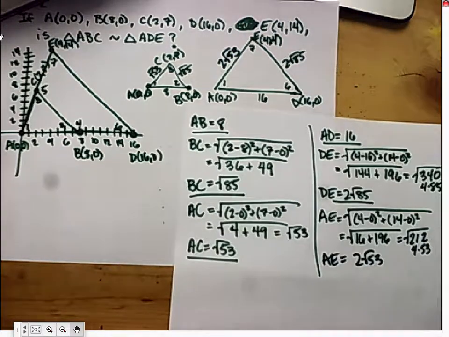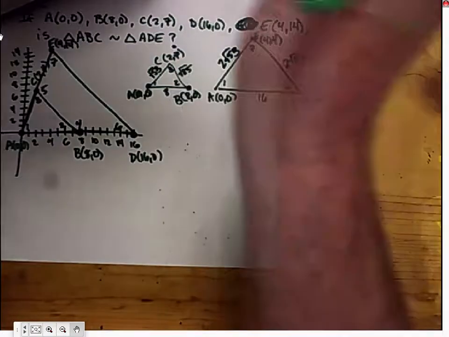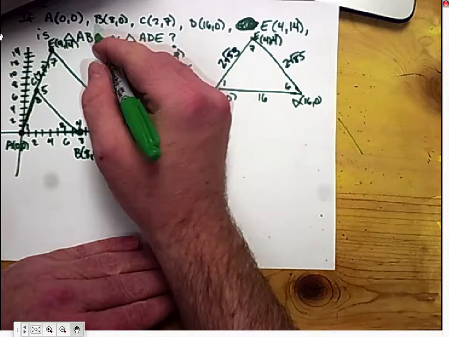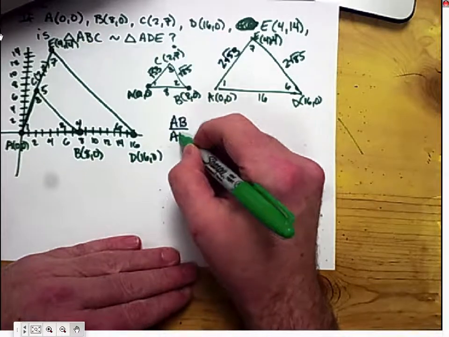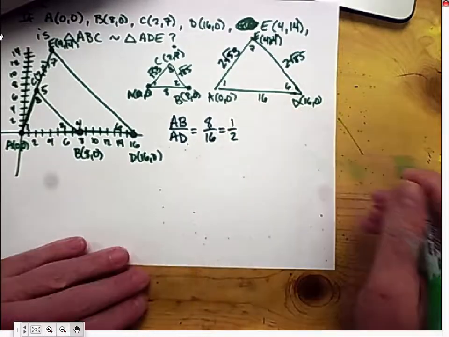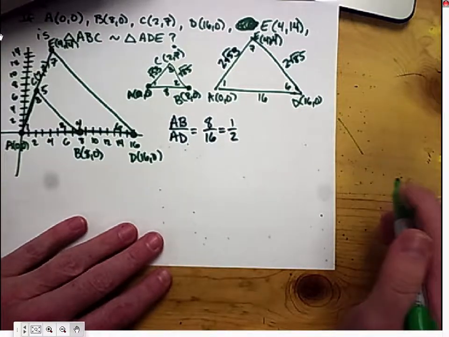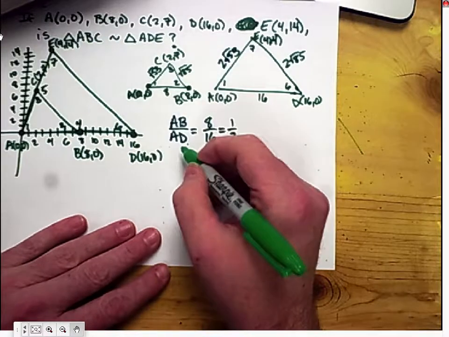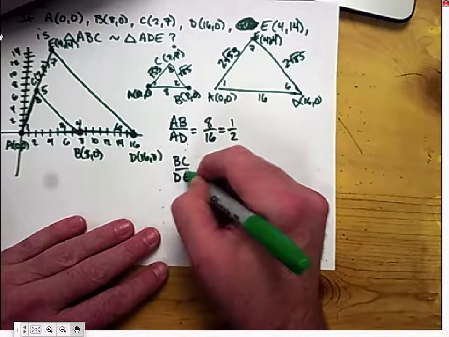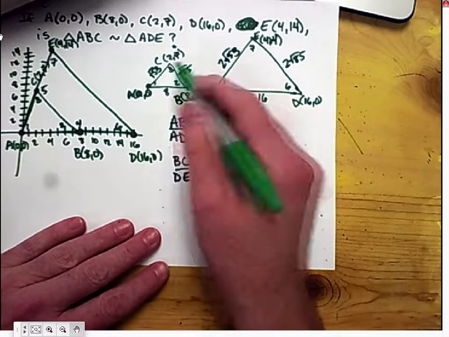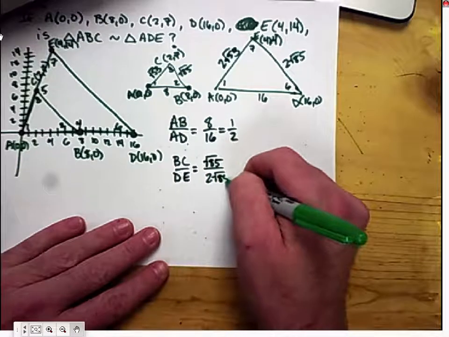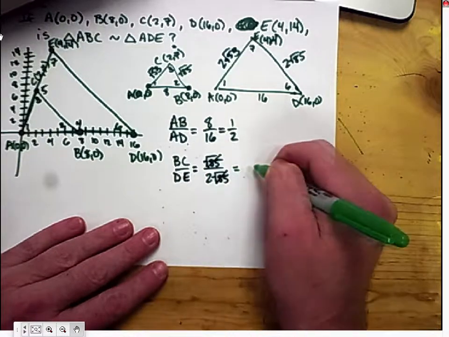So when we find AB over AD, that is 8 over 16, which equals 1/2, right? Then when we find BC over DE, that is square root of 85 over 2 square root 85. Well, that is 1/2.